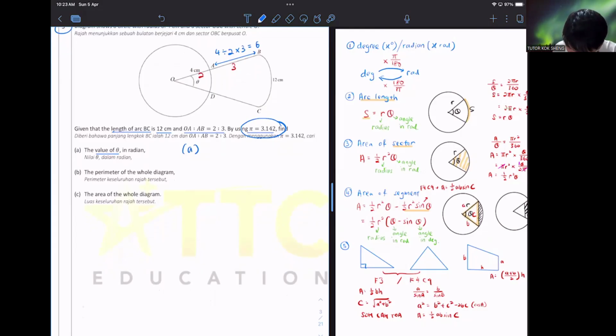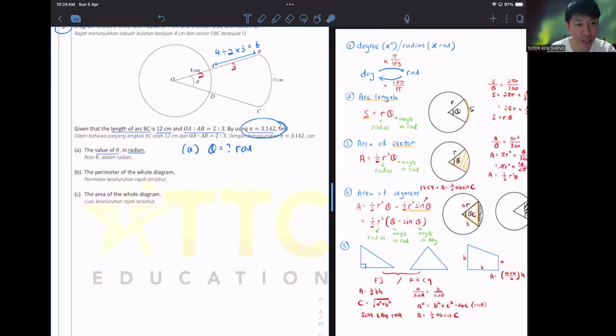Find the value of theta in radian. Where's theta? Theta here. There are two circles here: one is center O, one is the sector BOC. Because the theta is within these two, you have to choose the correct circle to start.